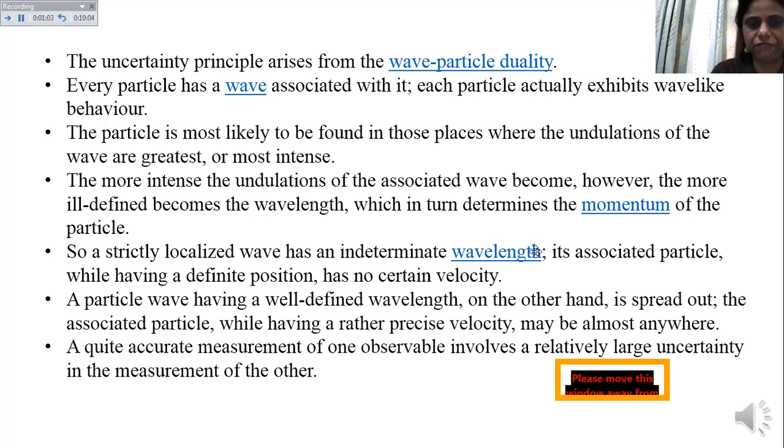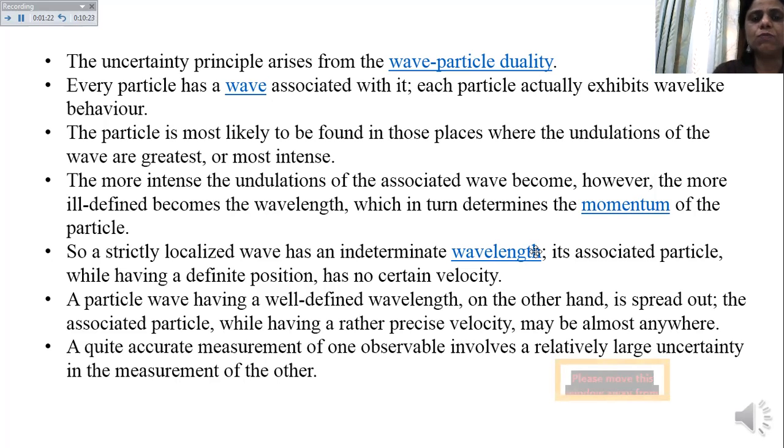Every particle has a wave associated with it, and each particle actually exhibits wave-like behavior. What did wave particle duality and Heisenberg say? That every particle is itself a wave, because when every particle moves, it actually behaves like a wave, and each particle exhibits wave-like behavior.